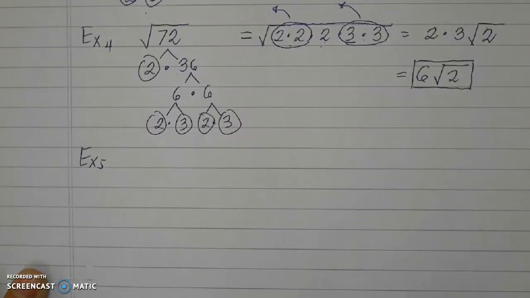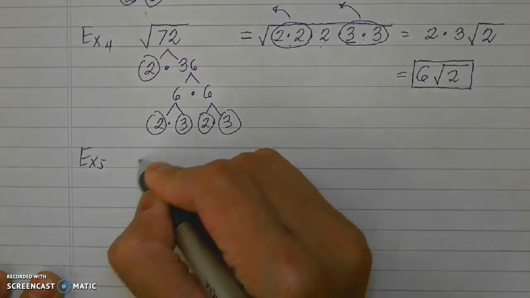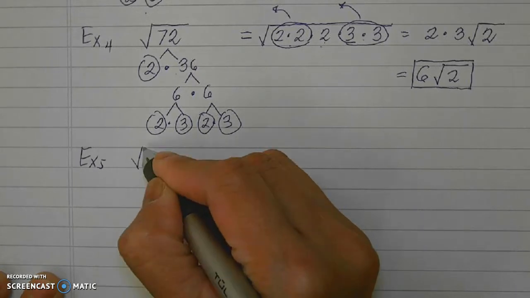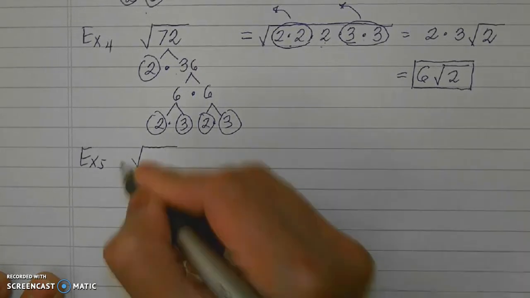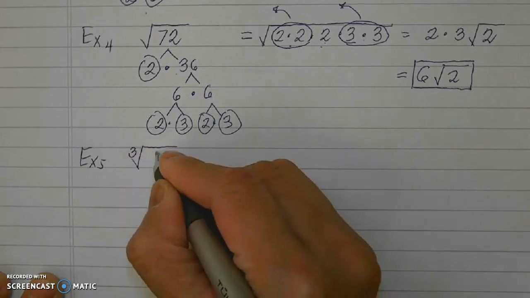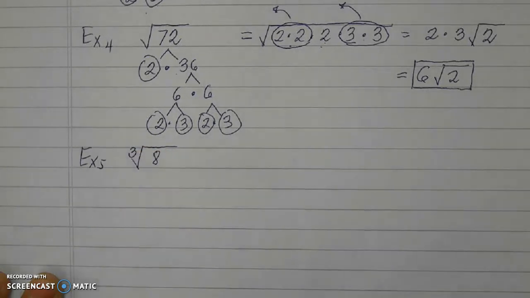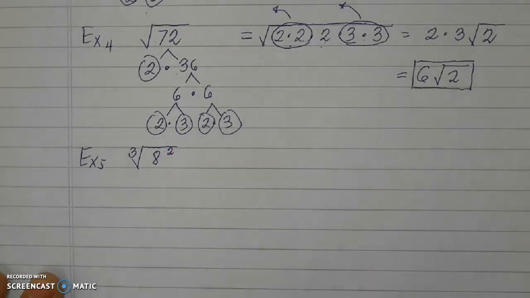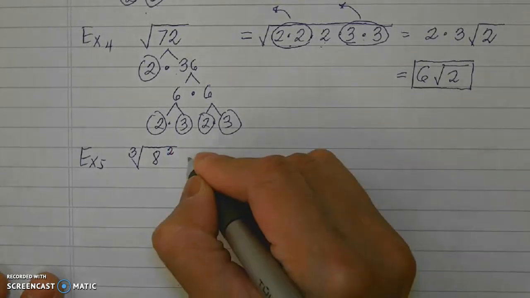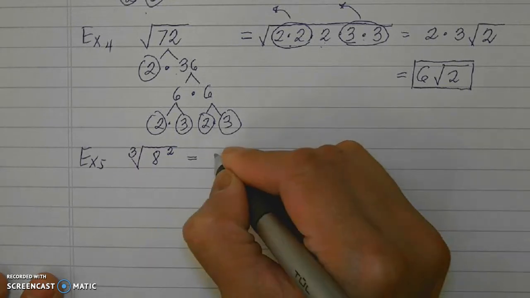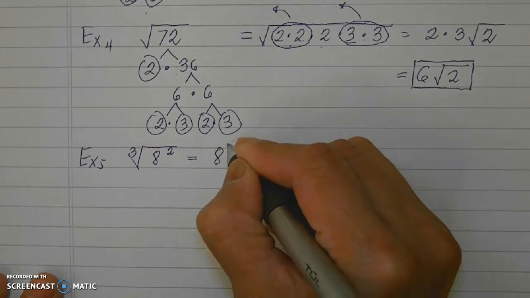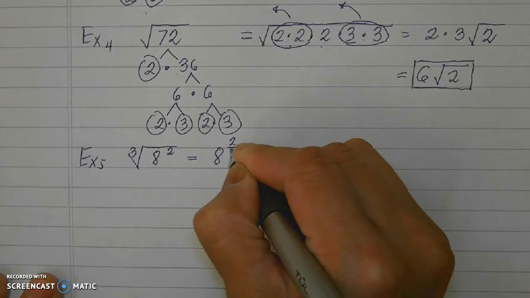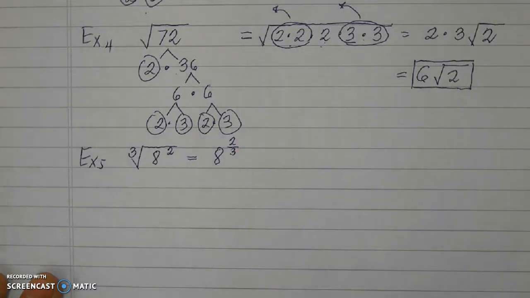Okay, my next example is going to challenge you a little bit, and I want you to get the cube root of 8. And then I want you to square that afterwards. By the way, this can be expressed as 8 to the power of 2/3. So how is this done?